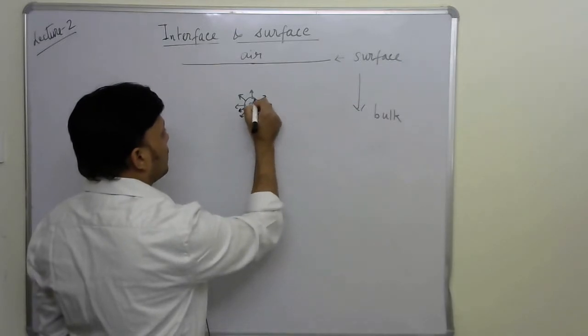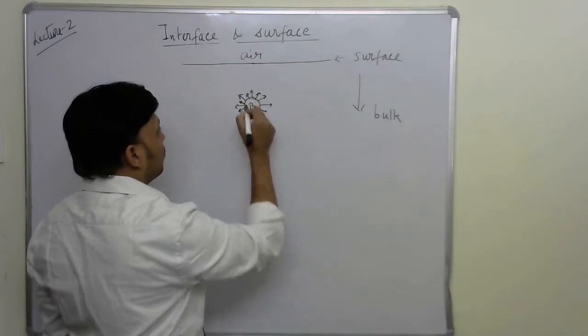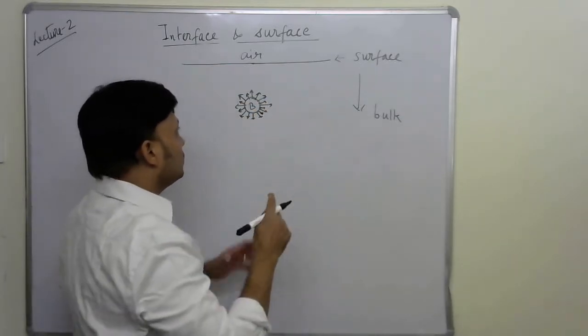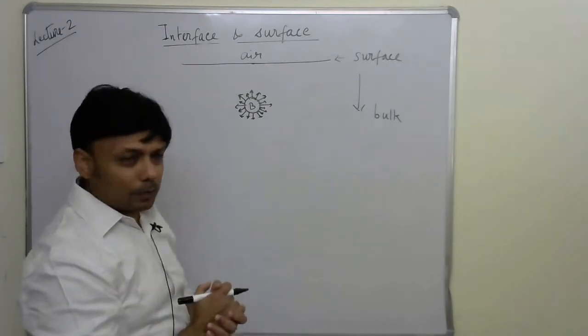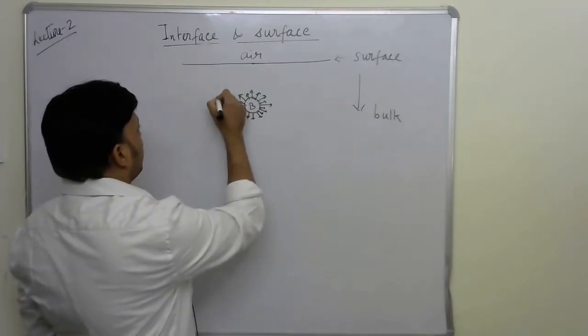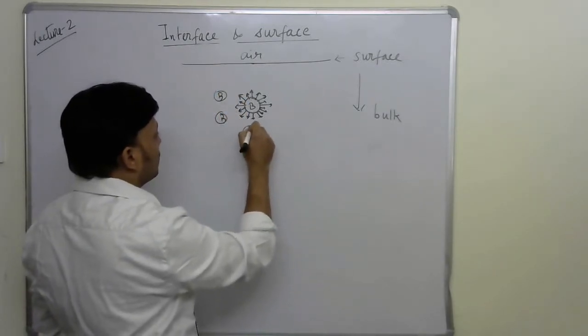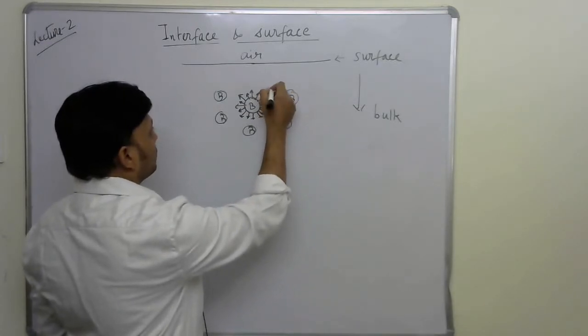With this kind of arrow, I wanted to show that this molecule in the bulk is feeling the force of attraction in all possible directions, because there are other bulk molecules. I am not drawing all the bulk molecules, this is just a graphical representation.